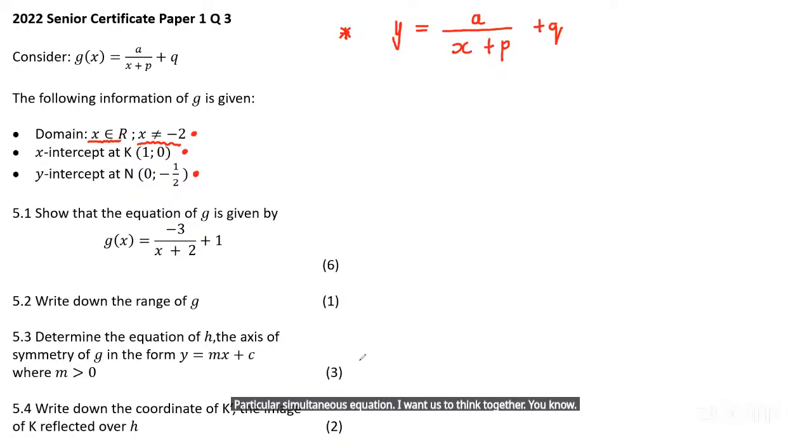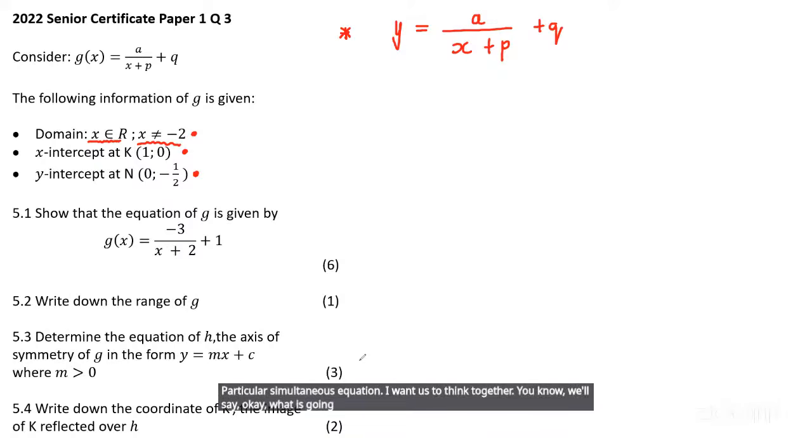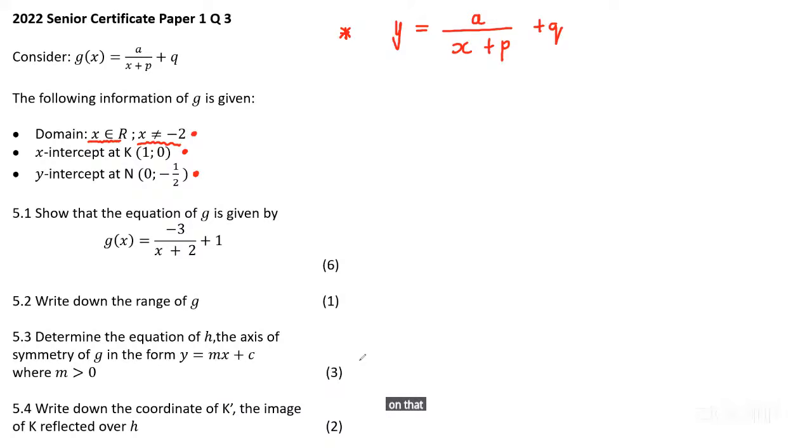What is going on in this particular case? So listen to this very, very carefully. So we have an idea of the domain. The domain being the value of x as an element of real numbers, but x not being equal to negative 2. So here's how you're going to put it in the particular question.